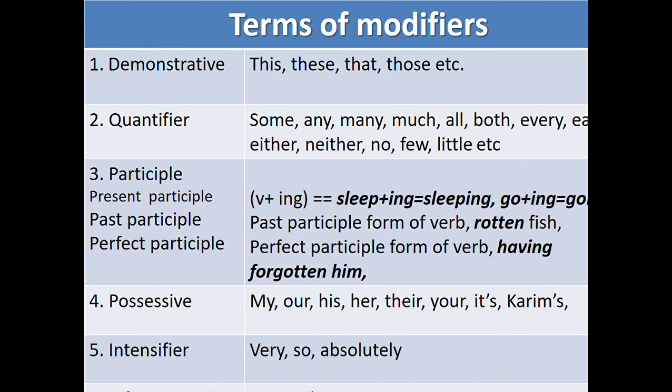Past participle form of verb: rotten, eaten. Perfect participle, that is having done, having forgotten. Possessive: my, our, his, her, their, your, its, Karim's. Intensifier: very, so, absolutely. These are the types of modifiers.